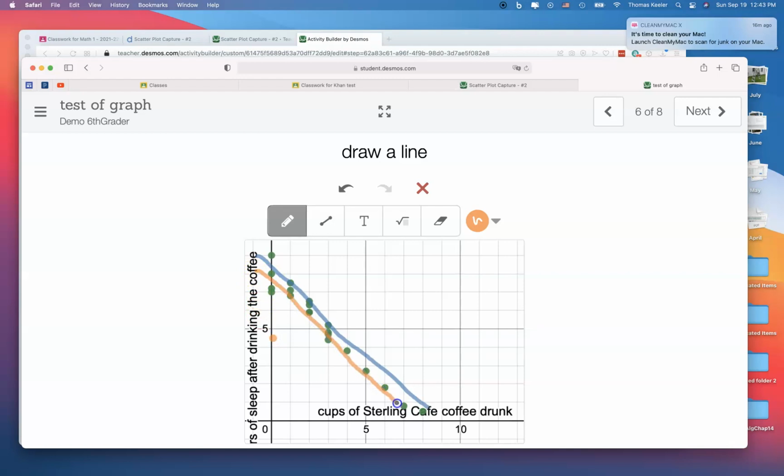You can see that if you were to draw an orange line, you say, oh, well, no, that's below most of the points. And our blue line is above most of the points. So maybe I can do better with the purple line. I'm going to erase what I did and try and draw in a purple line. I'm going to go right in between.